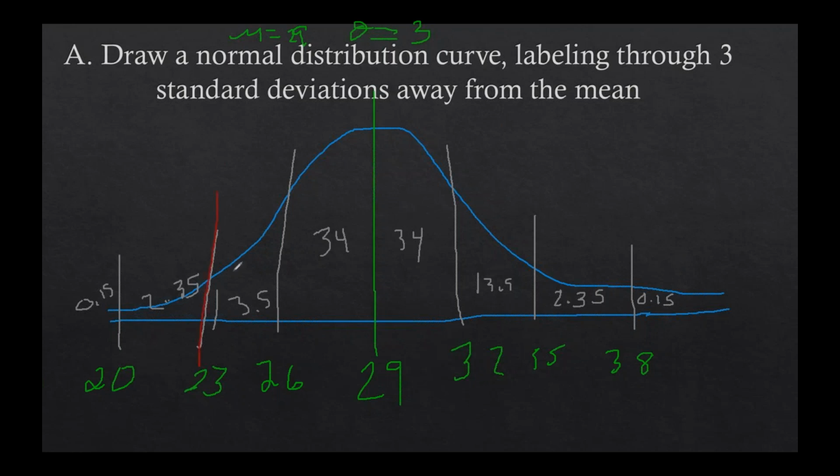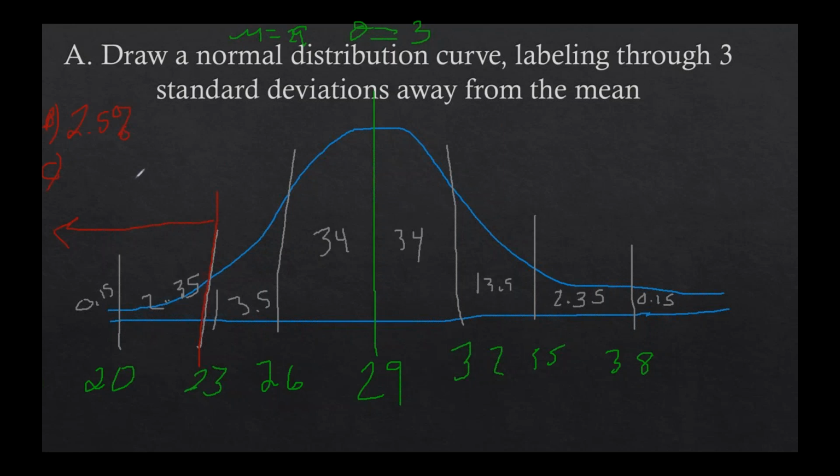If I'm talking about less than 23, it's everything to the left. So we add those two together, 0.15 and 2.35. 2.5. Exactly. So less than 23 miles per gallon, you have a 2.5% chance. That's the answer to B.